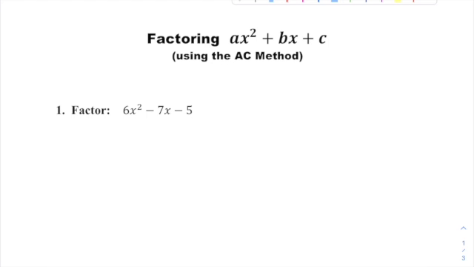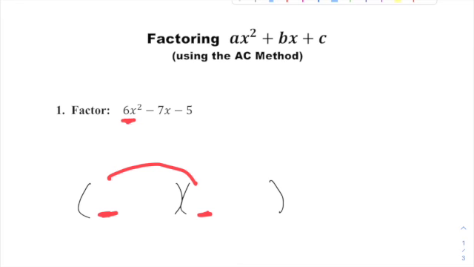you could still approach this from an unfoiling technique and say, all right, I know this is going to be the product of two binomials, if it factors at all. But the problem is whatever you put here and here has to multiply, when you do that first, to give you 6x squared.